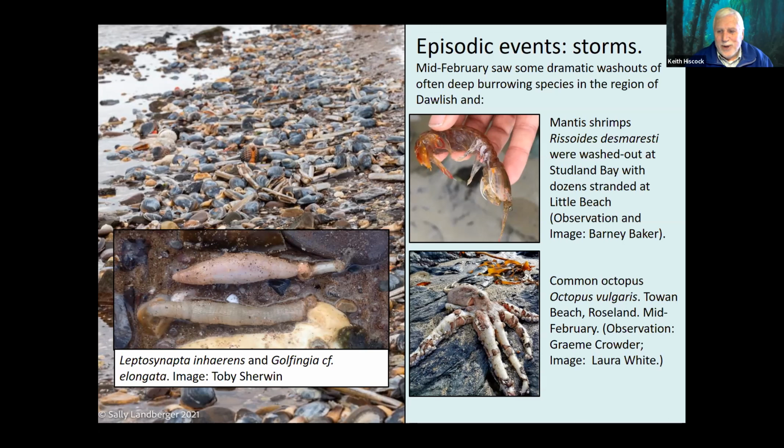Obviously, it's always a question of more data needed. But do look out for things like this, do report them, because again, it's making that connection, but it's also knowing about the scientific literature and being able to look back and say, actually, this has happened before, so expect it to happen again. So when we start to get every year with a lot of common octopus, perhaps we can start to shout climate change, warming seas.